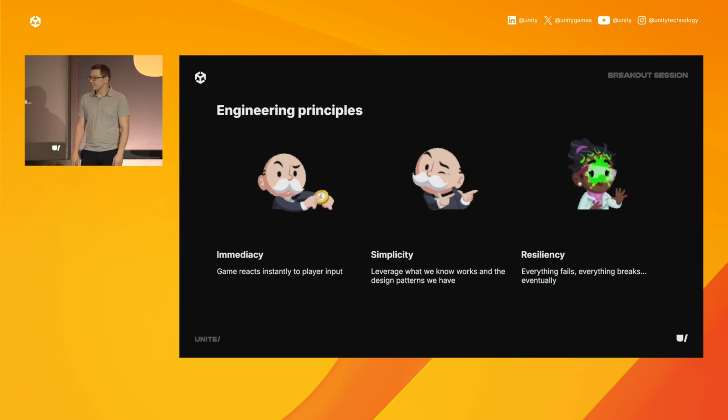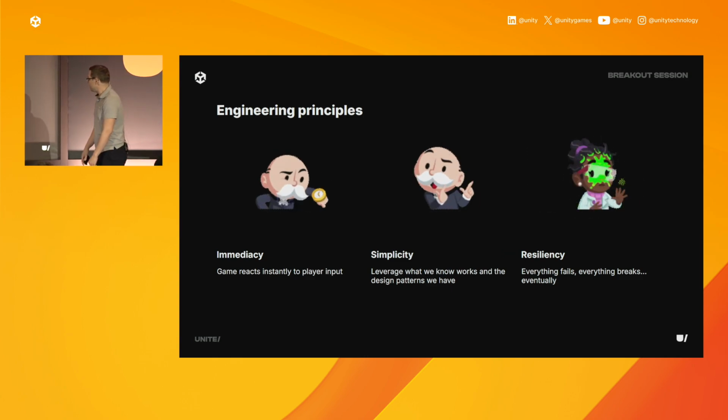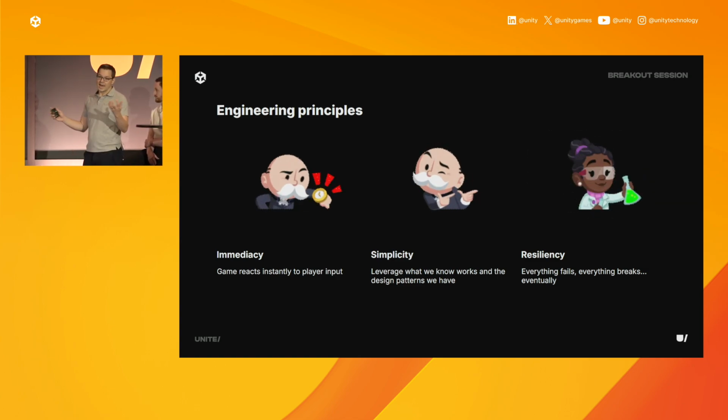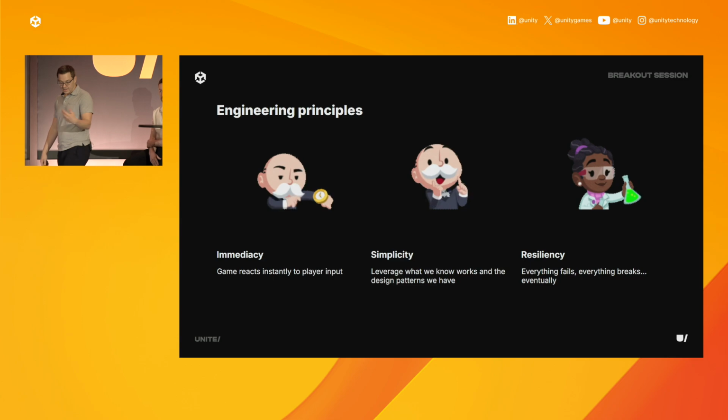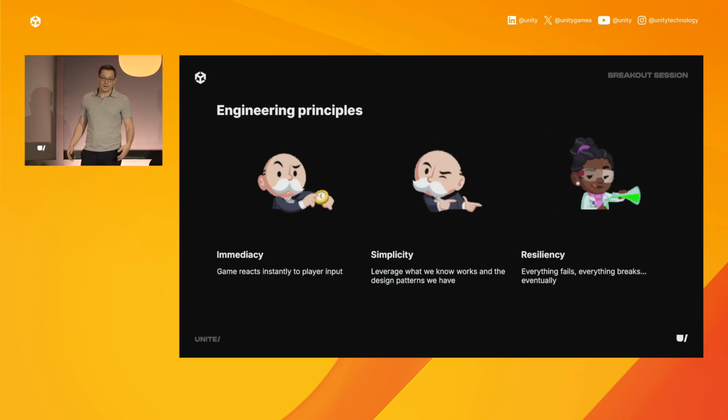And then resiliency. This is my favorite GIF, I had to include it. Lizzie from our game. Everything fails and everything breaks. Accidents happen, mistakes happen. This is something that is life, right? Works on my machine. I don't know what happened here. It blows up on production.